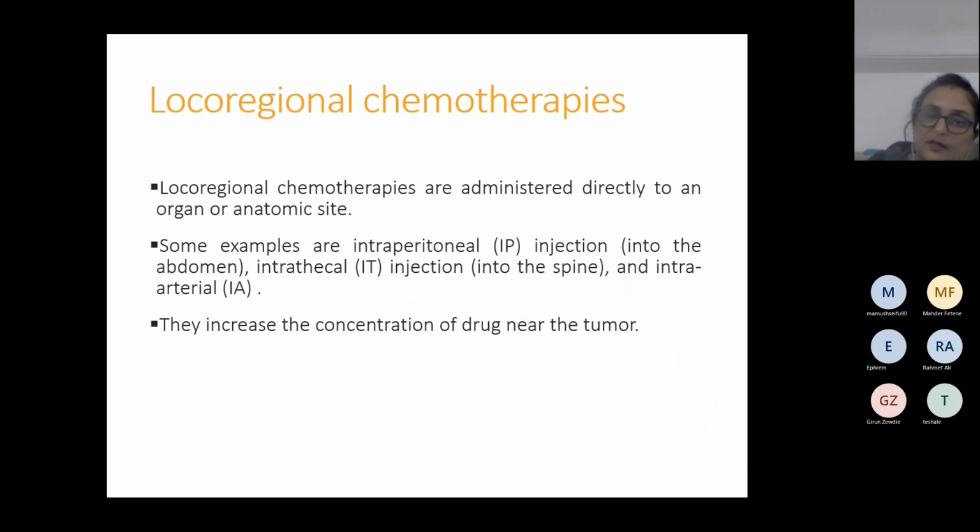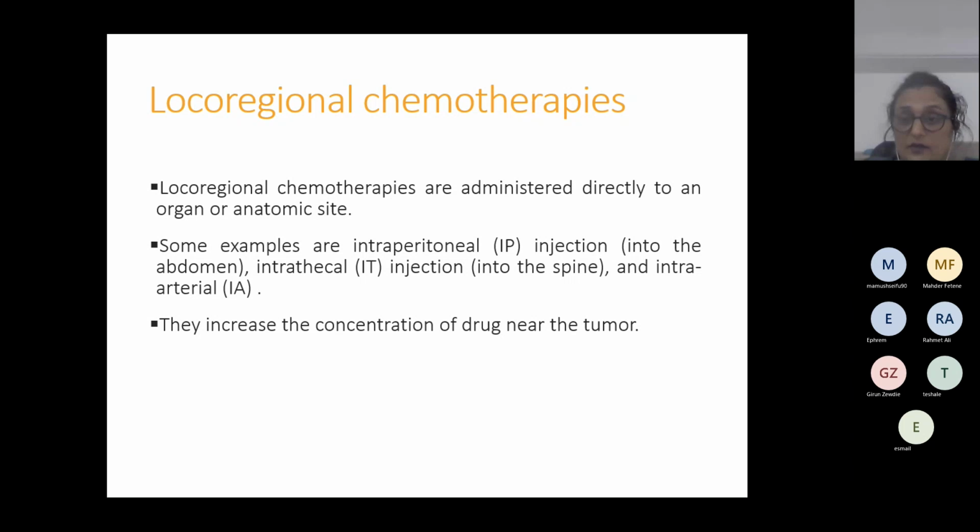Now, what is loco-regional chemotherapy? From the name itself, you can understand loco-regional means it is confined to the area where it has to be given only. Locoregional therapies are administered directly into an organ or at the anatomic site.